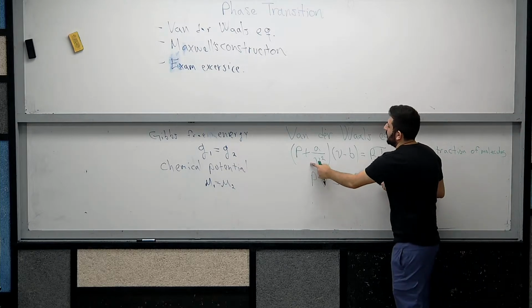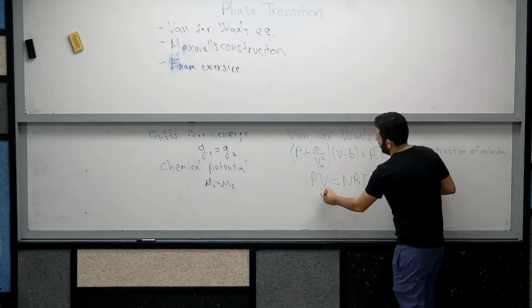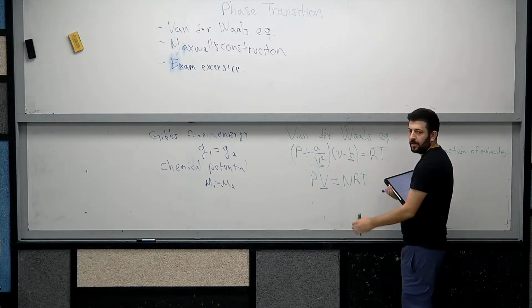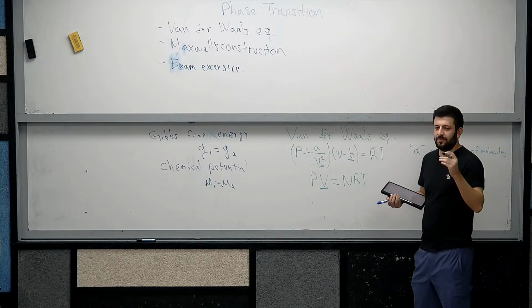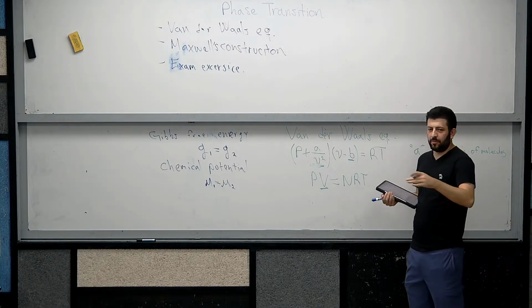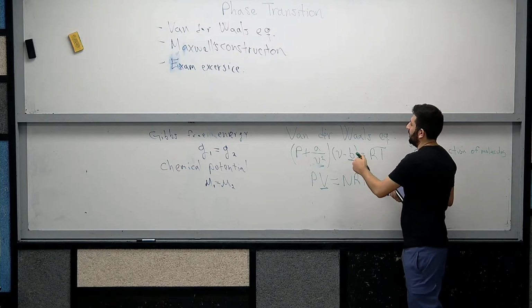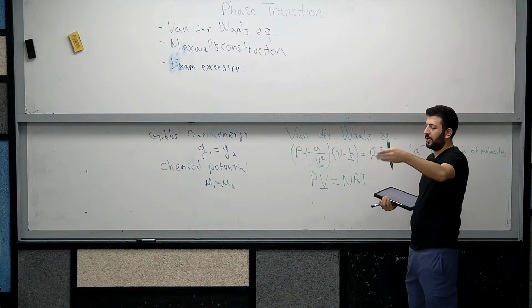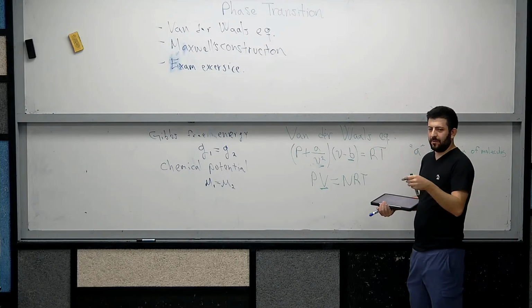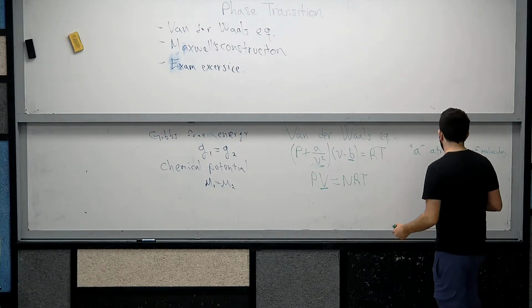And the other thing that changes is that we change the volume here, right? By a factor B. So the idea is that these particles are no longer just points in the space. These are like spheres, so they have their own volume. So we are saying, okay, the total volume of the thing is the total volume without the volume of the particles themselves.